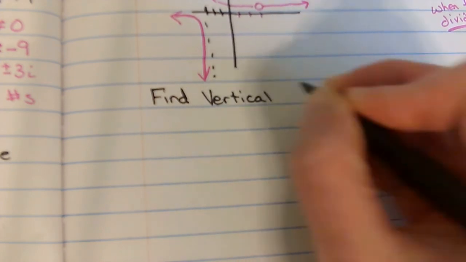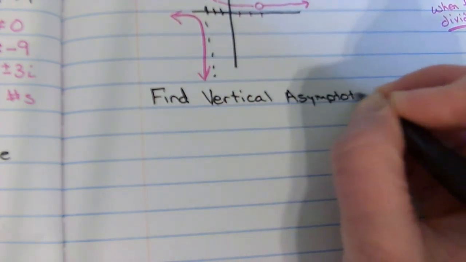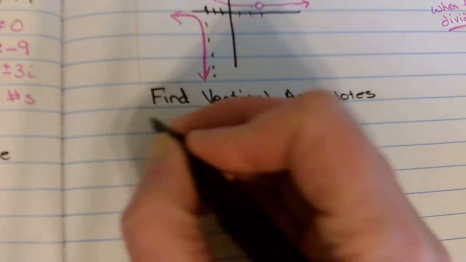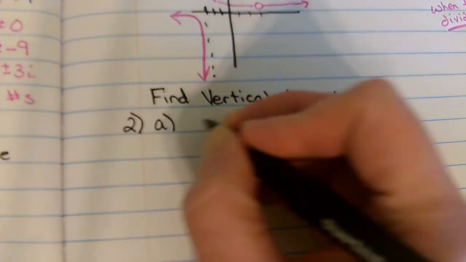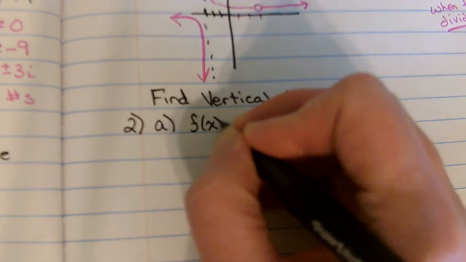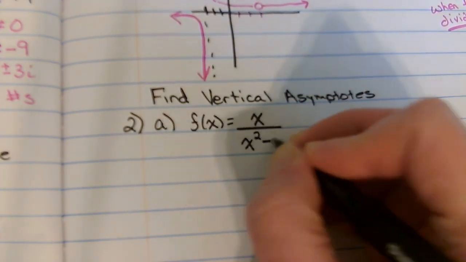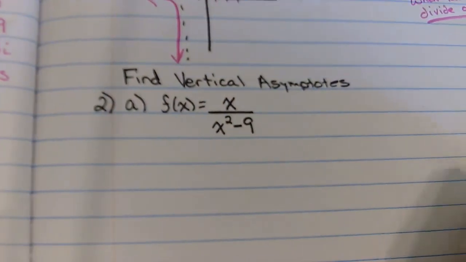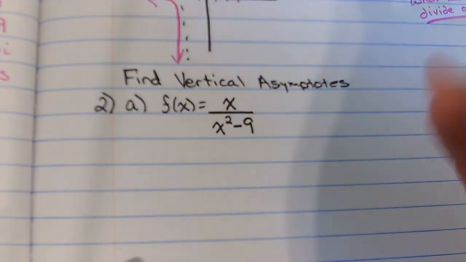So, what if the instructions say to find the vertical asymptotes? Now, I need to double check my bad numbers to see if any of them are holes, so I need to factor this.